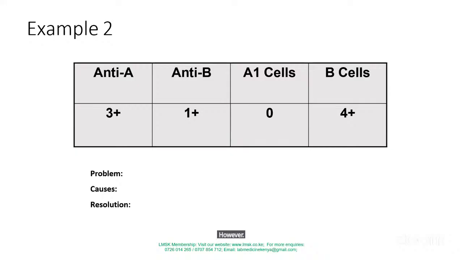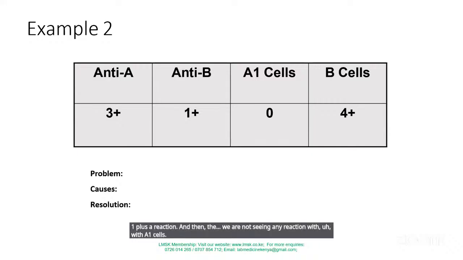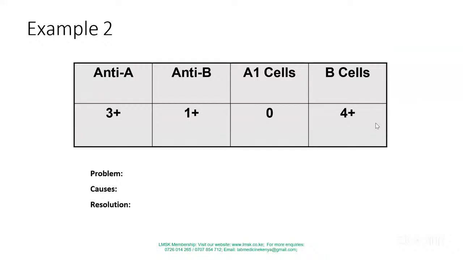However, in the forward typing, as much as the patient is AB, the anti-B is weakly reacting. Actually, it has a 1+ reaction. And then we are not seeing any reaction with A1 cells. The 4 plus is a very strong reaction, which means this patient has got anti-B in their system, a very strong reaction with the B cells.